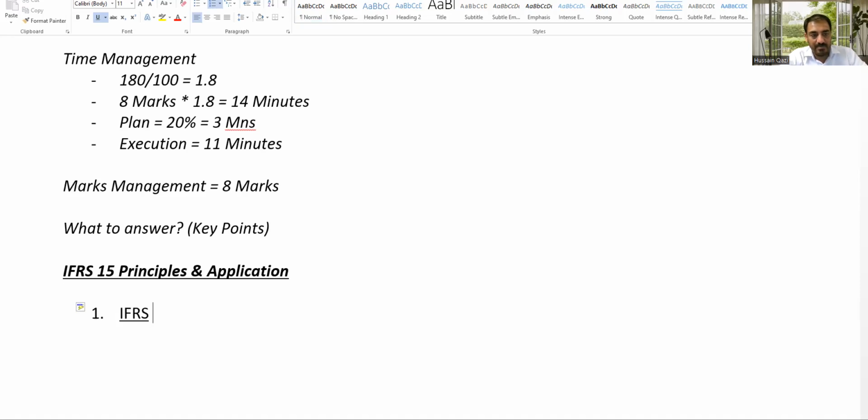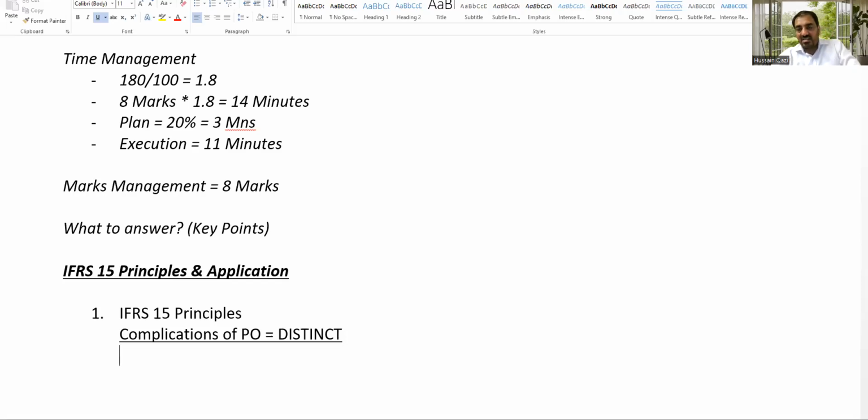First of all, the examiner expects you to mention IFRS 15 principles, definitely those related to the complications of performance obligation, the distinct point. Whenever we are discussing whether the performance obligation is distinct or not, we first consider whether the services are different and qualify the conditions of distinct.